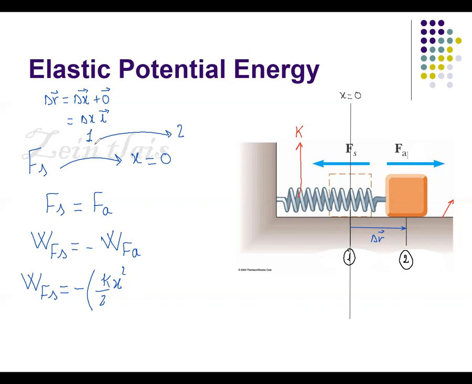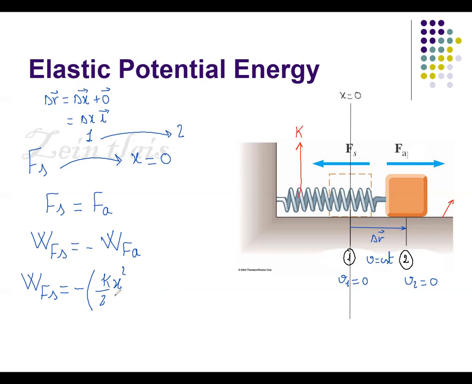At 1, initially we don't have velocity, so V1 equals 0. And at the position 2, also we don't have velocity, V2 equals 0. Between 1 and 2, because of the slow motion, the velocity equals a constant value.